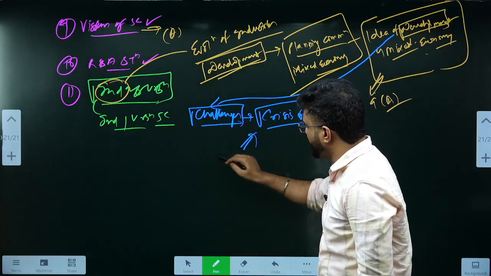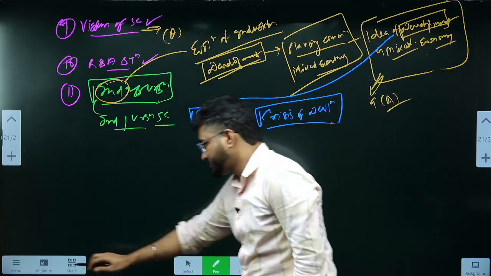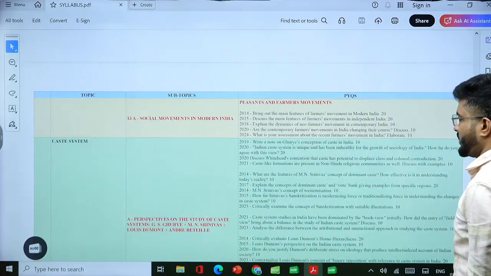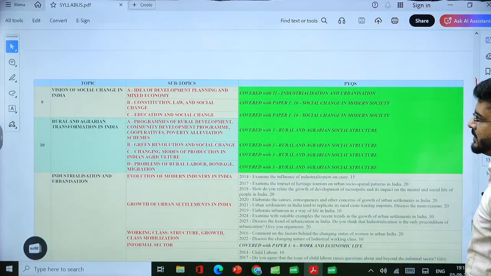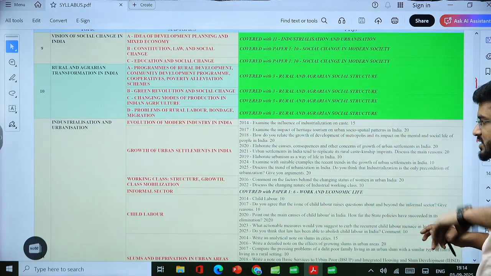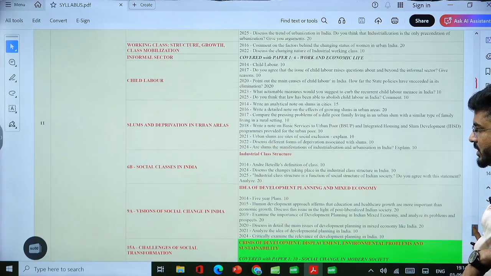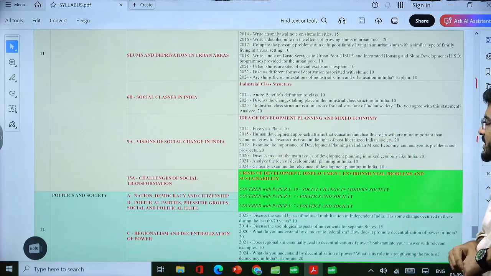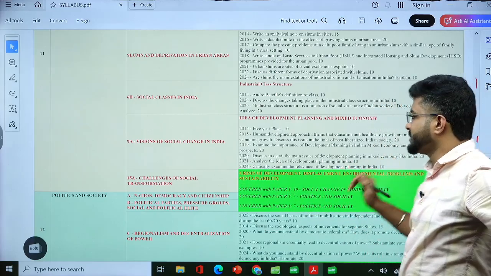This is your chapter 15, Part A, Crisis of Development. So your chapter 11, industrialization and urbanization, covers evolution of modern industries, growth of urban settlements, working class structure, informal sector, child labor, along with social classes in India, the idea of development and economy, and then challenges of social transformation apart, crisis of development, displacement, environment problems and sustainability.